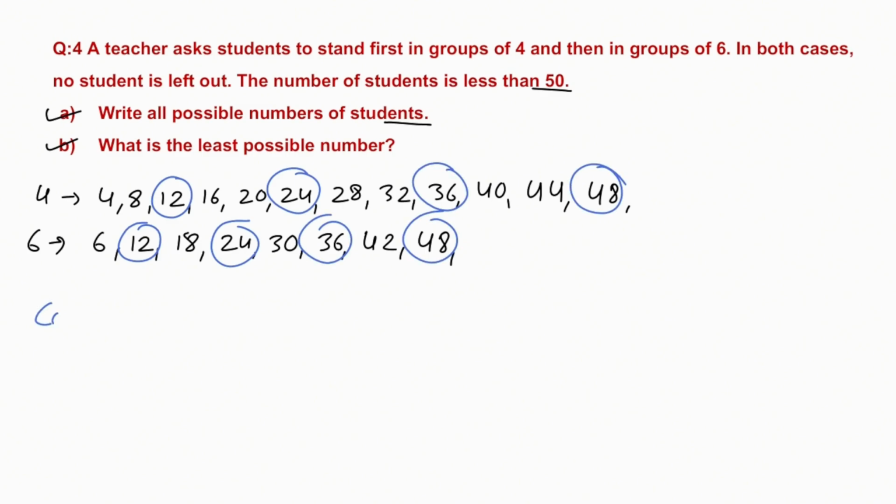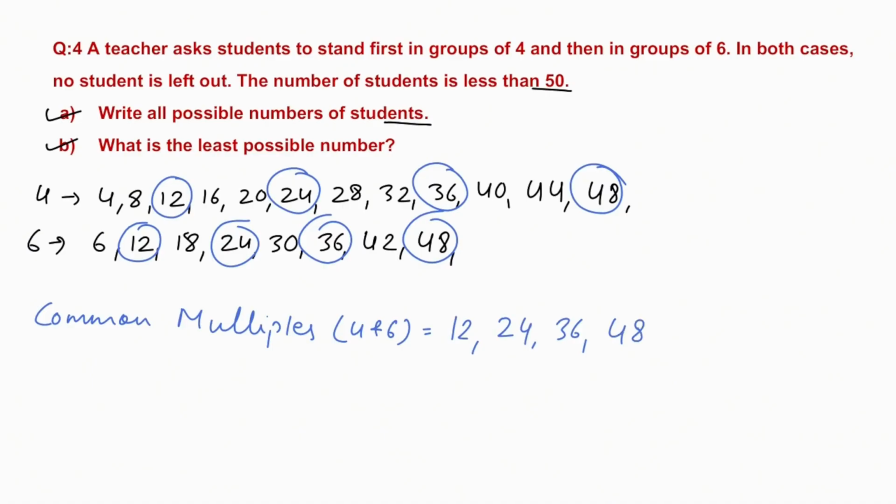So common multiples of 4 and 6 are 12, 24, 36 and 48. Therefore, write all the possible number of students will be 12, 24, 36 and 48. Now second is least possible number of students. What is the least number? 12. So this is going to be answer.